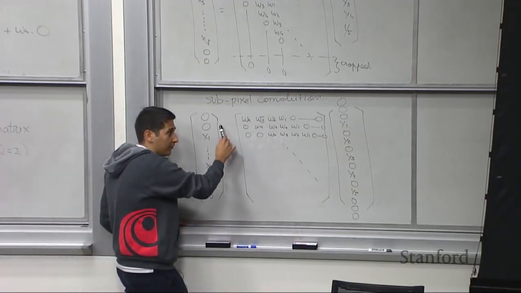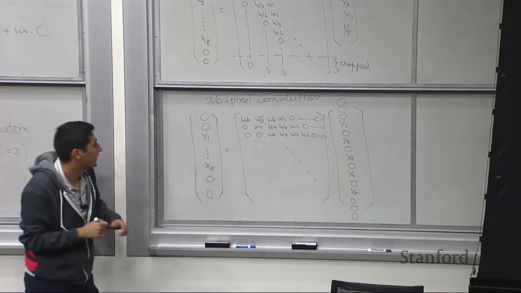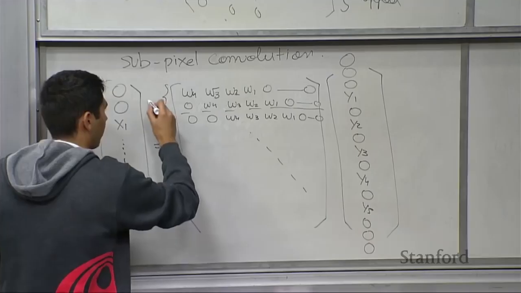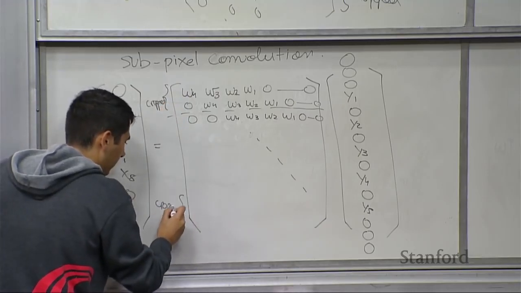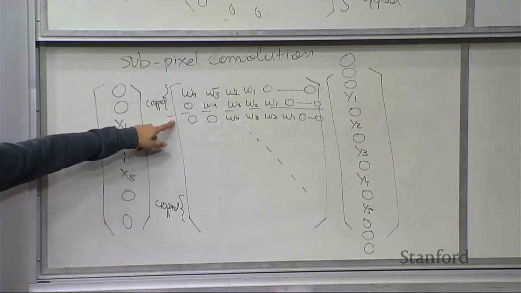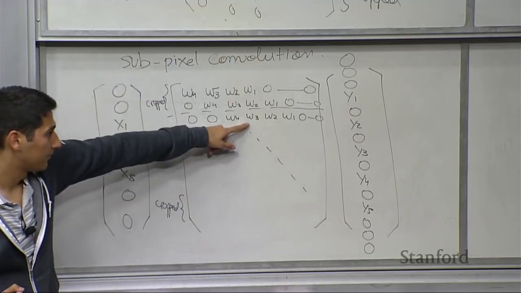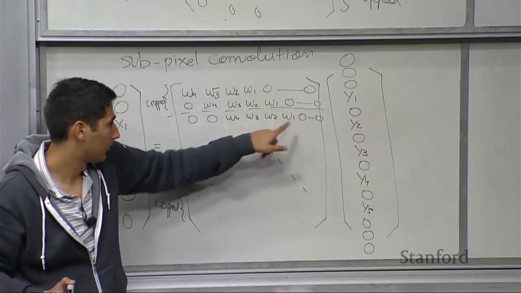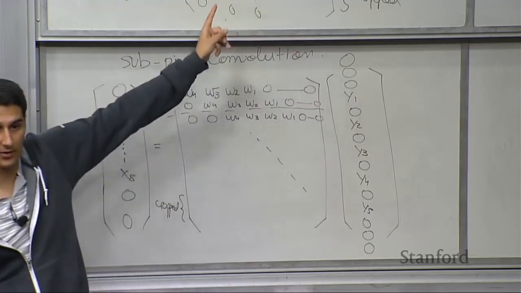The dot product of this first row with my y here is going to be, these two are cropped as well, and same here. So looking at my first non-cropped row as a dot product with this vector, what I get is w3 times y1 plus w1 times y2. So exactly the same thing as I got there.